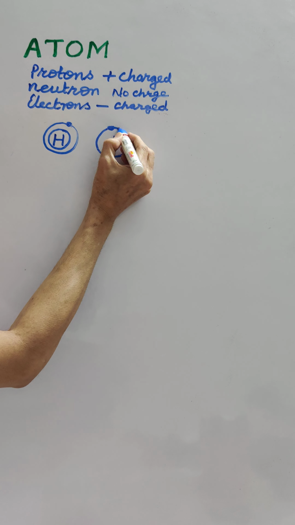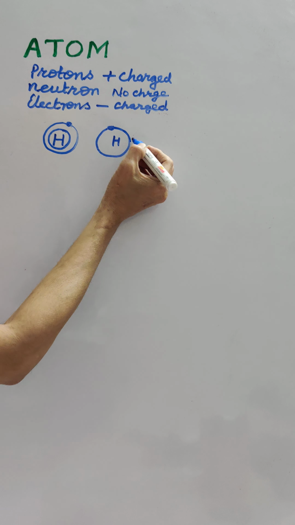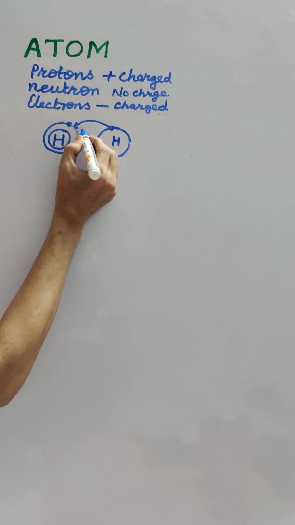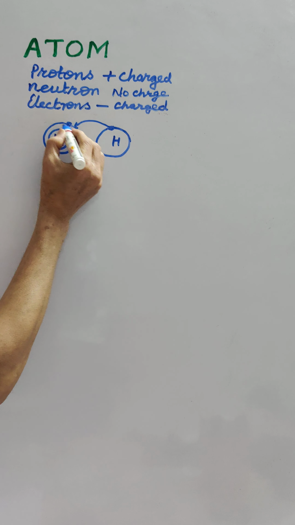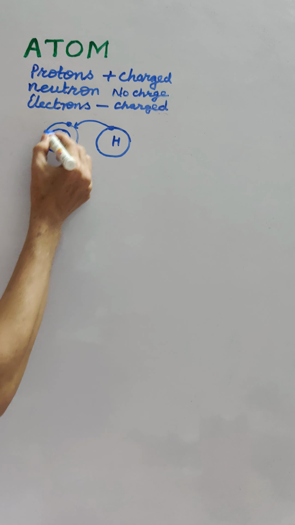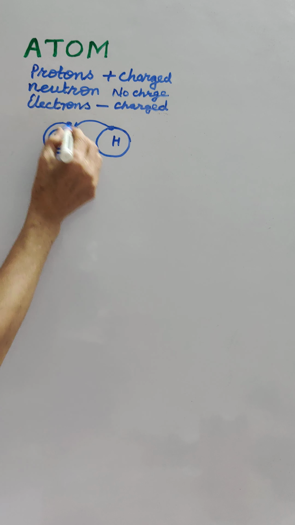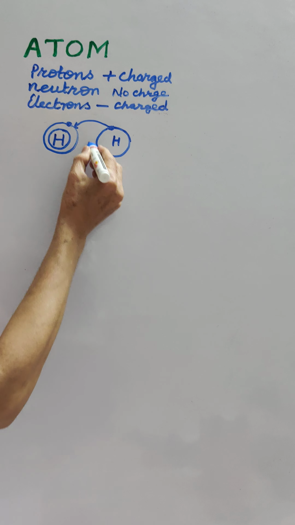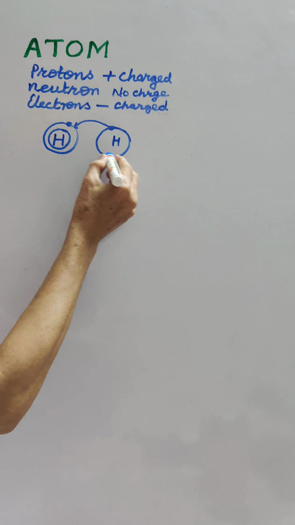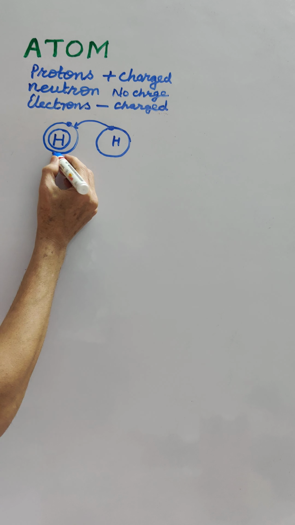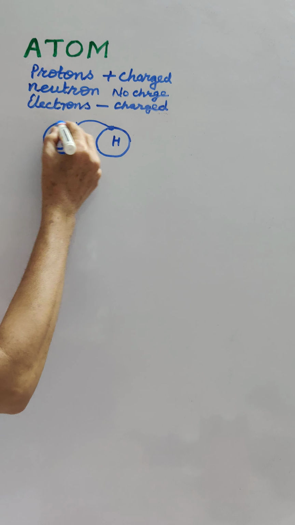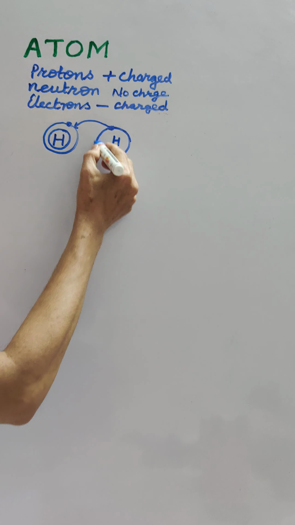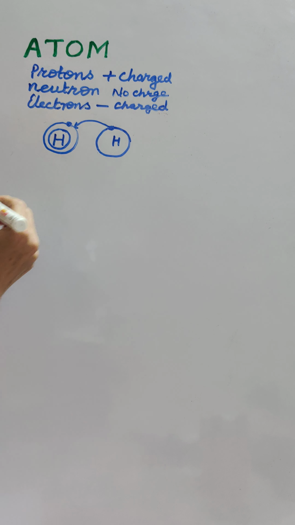Unless they get another atom near them, they react with each other. There should be 2 electrons in the first orbit, so they gain or share electrons. Hydrogen shares electrons with other hydrogen to form 2 electrons, which cycle around the first hydrogen and then the second hydrogen.